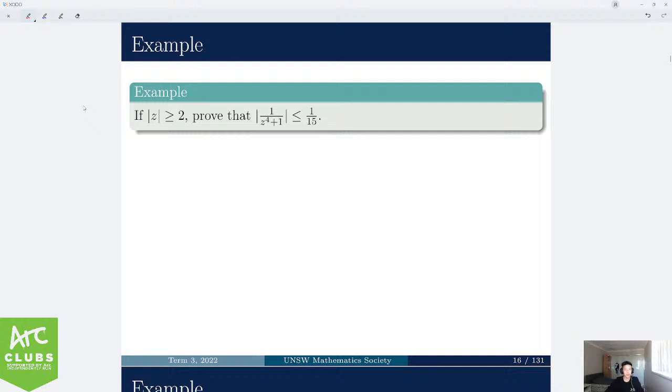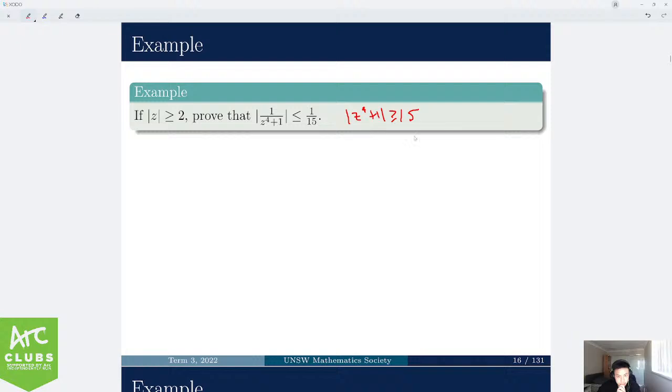Okay, example here: if the modulus of z is larger than or equal to 2, prove that this inequality is true. Notice that firstly, if we cross multiply, we essentially want to prove that the modulus of z to the power 4 plus 1 is bigger than or equal to 15.